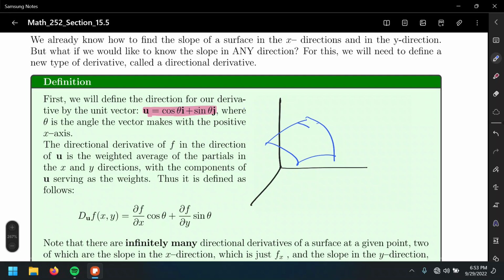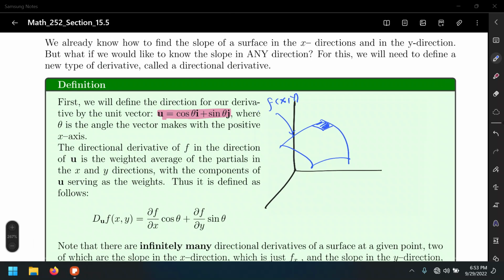Let me make this look like 3D. Alright, it's going to go in the background. So we have a surface given by some f of x, y. This function f describes this surface right here.